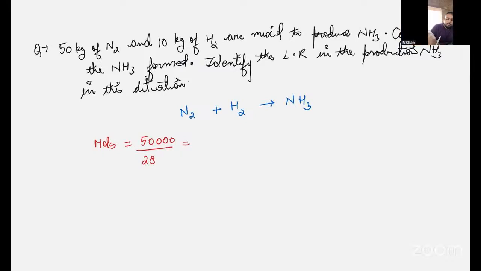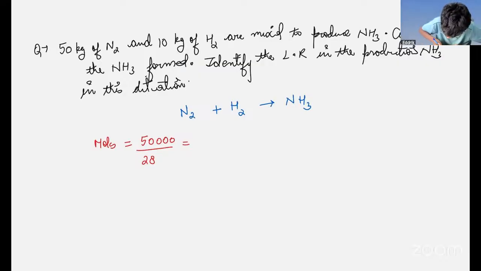I mean, I have to use my brain now. You need a calculator for this. It's not like in your exam, don't use it then. But we have less time, that's why I'm using it. Okay. So 50,000 divided by 28 is going to be 1785.